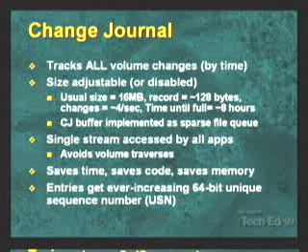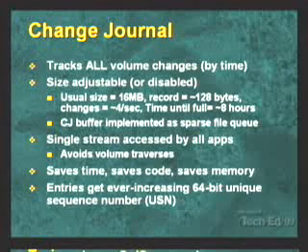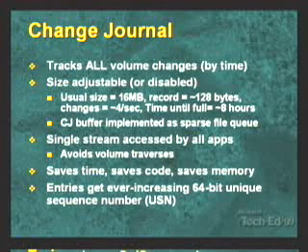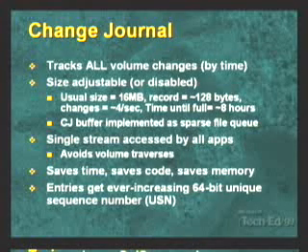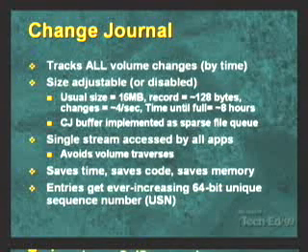Then the change journal is aware of the change, wakes up the content indexing service, and says, hey, content indexing service, this file changed. And it can give it the exact file that has changed. The content indexing service can now go to that file, open it, index the content of it, and then go back to sleep. So the performance of the system is going to be greatly improved using this.